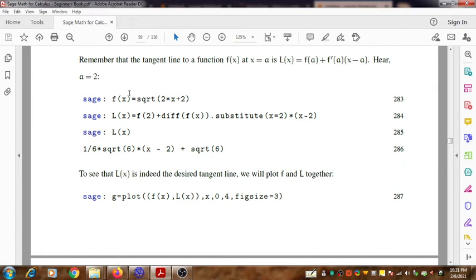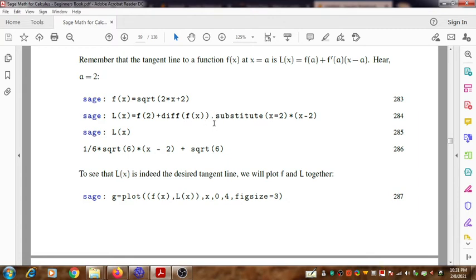At the point 2, we want to find the equation of the tangential line. So for that you have to write f(2) plus the derivative of f(x), using diff(f(x)). In the derivative you have to substitute the point x equal to 2, because we want specifically the derivative at the point x equal to 2.